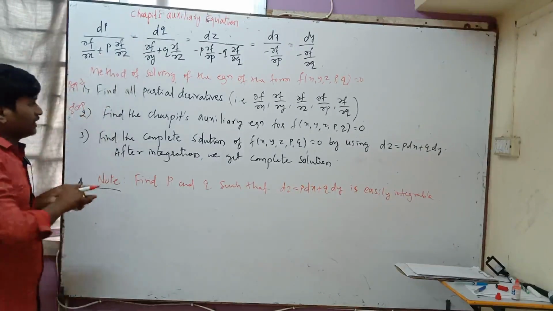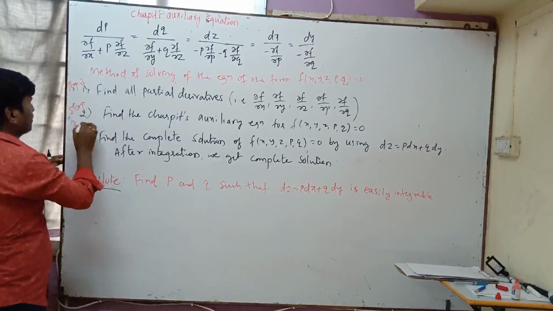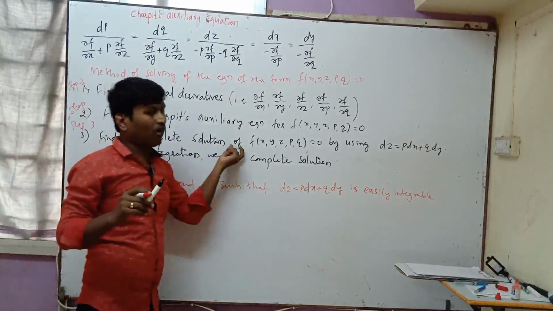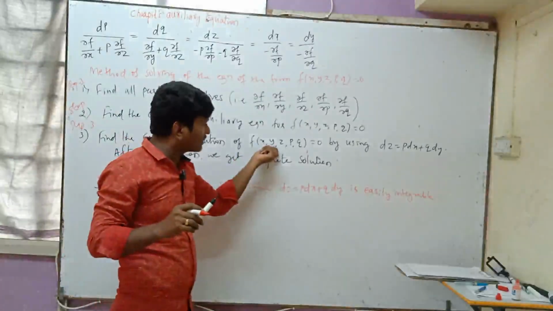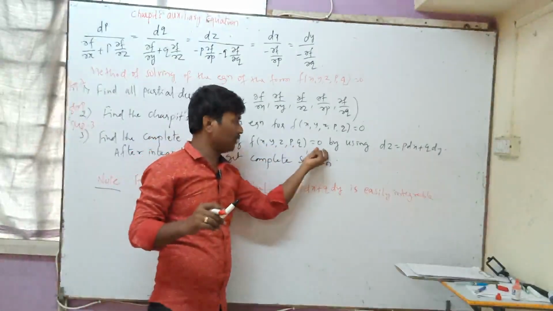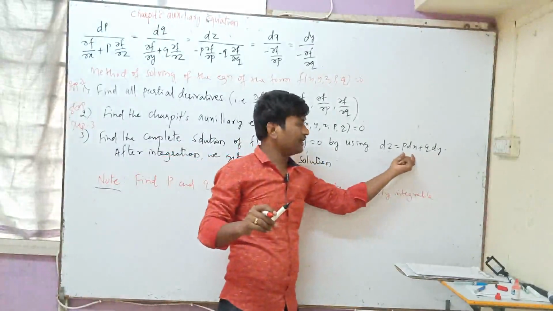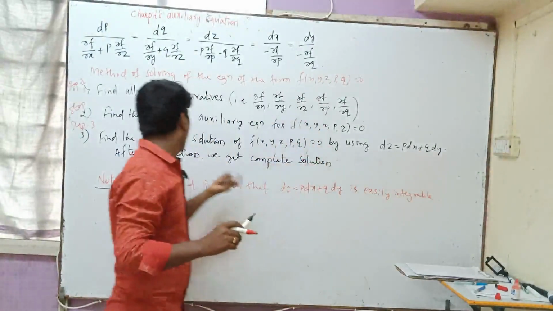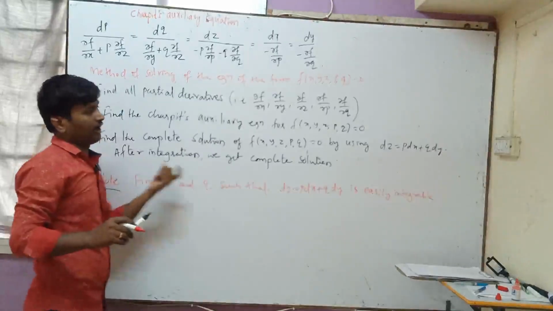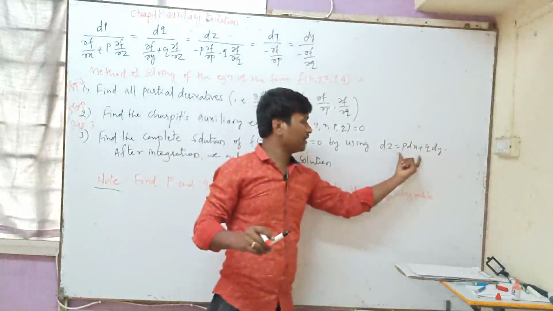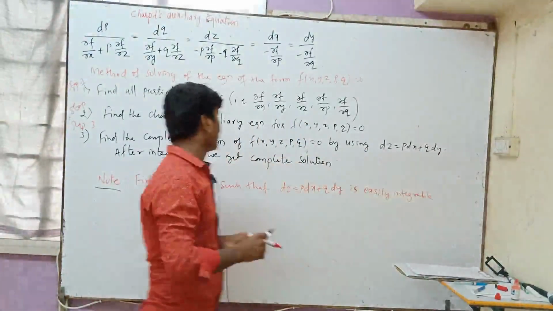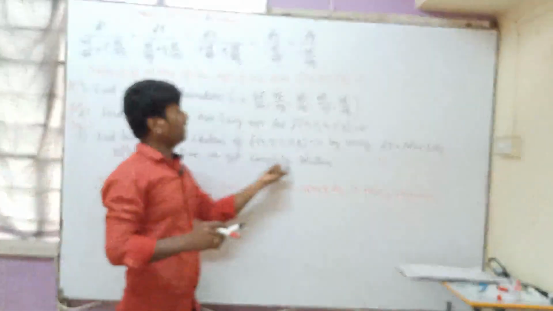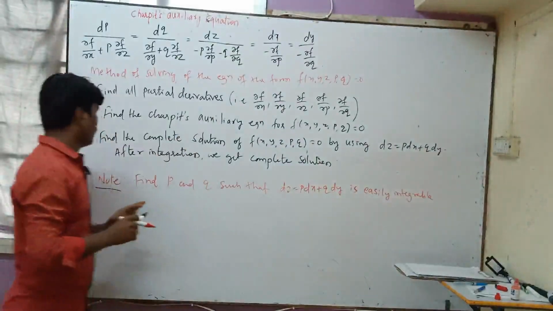Now in step 3, find the complete solution of f of x, y, z, p, q is equal to 0 by using dz is equal to p dx plus q dy. After getting the equation in this form, integrate. On integration we get the complete solution.